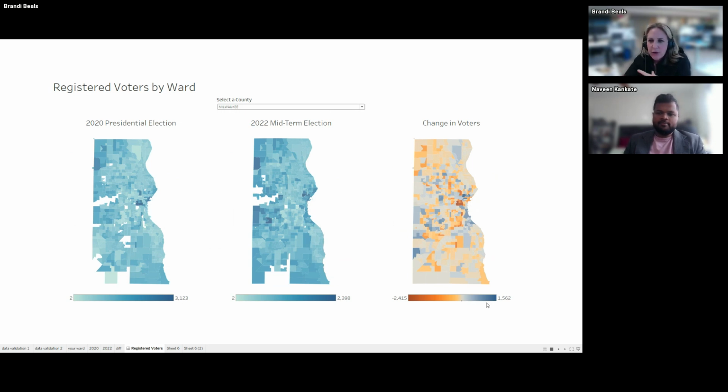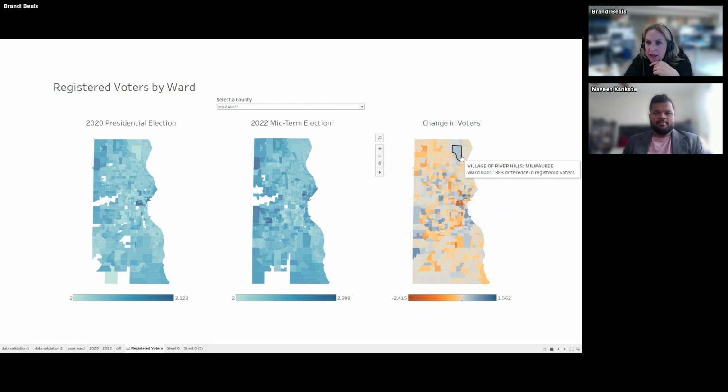But from ward to ward, it's a fairly colorful chart. There don't seem to be any hot spots where there was a significant change one way or the other. Some of the changes in certain wards are pretty high, like a 2,000 voter difference, but some of them are also quite low, like 1 or 2.